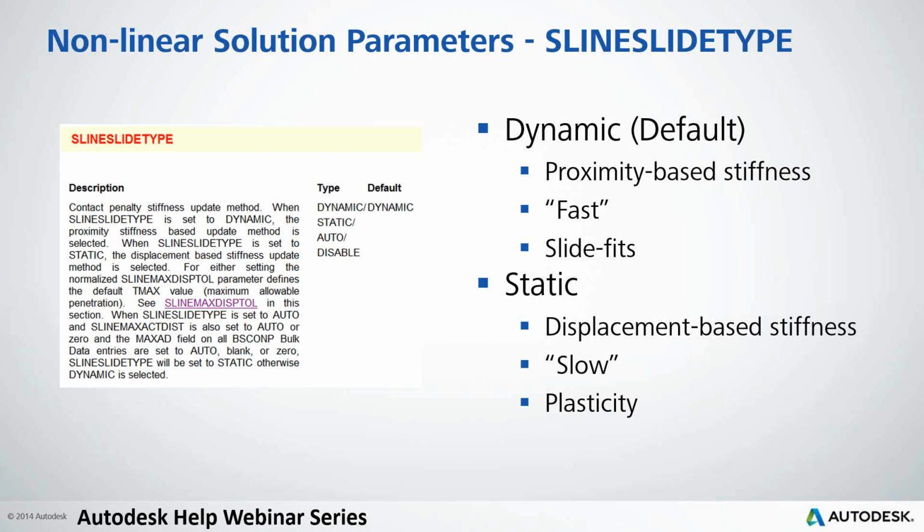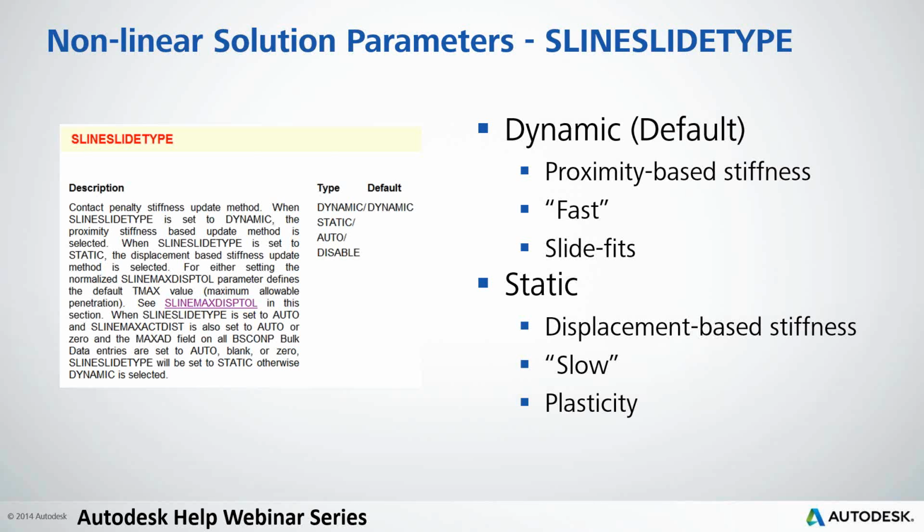What you don't want to have here is, like I said, a fast contact where you're skipping ahead on multiple elements, and then the contact is going to miss that movement. So you want to make sure it's a slow contact there, quote unquote. And it's really ideal if you're working with plasticity. So if you've got some nonlinear material properties in there, you want to be using this static type.